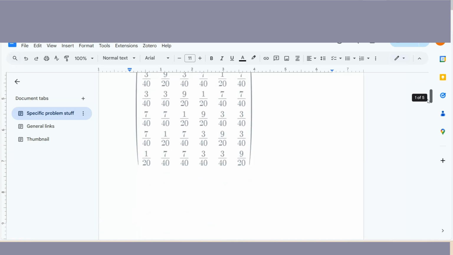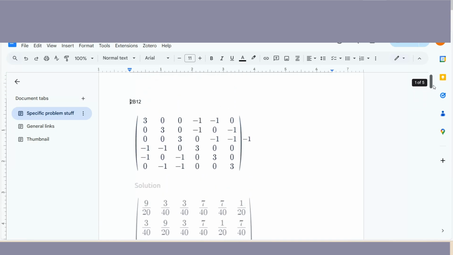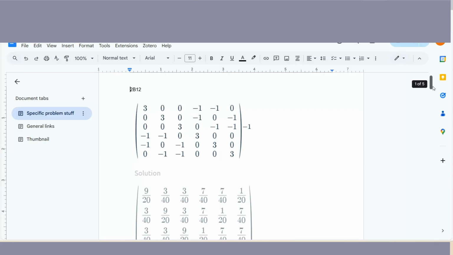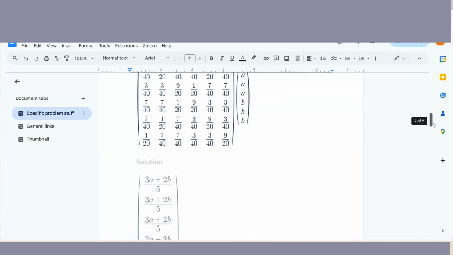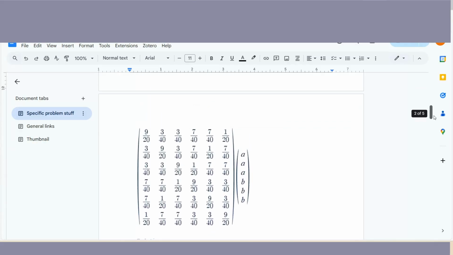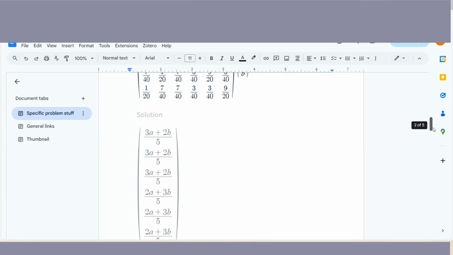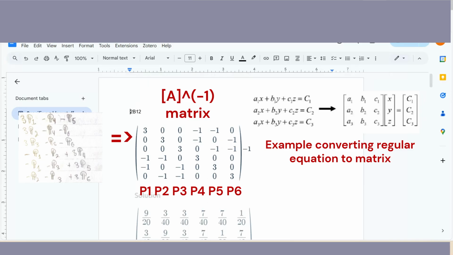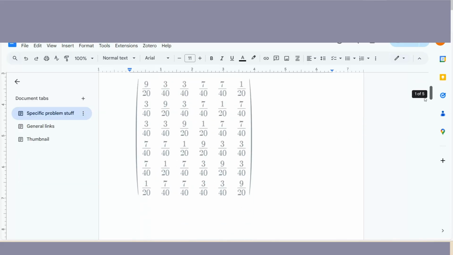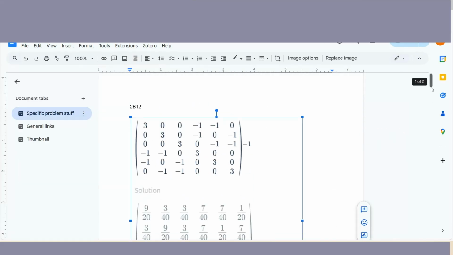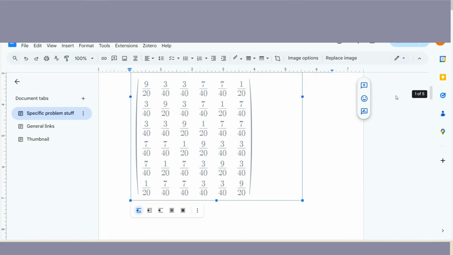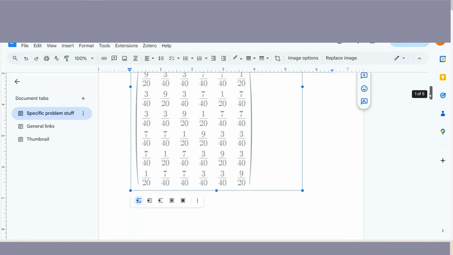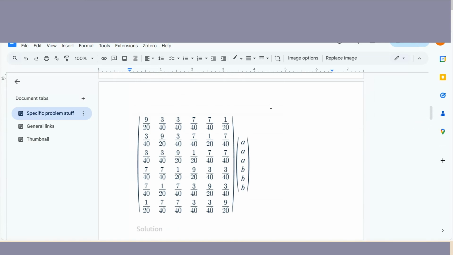Does that make sense? Okay, yeah. So inverse matrix multiplication is basically just, and you get this, basically. And you multiply the inverse matrix times it.